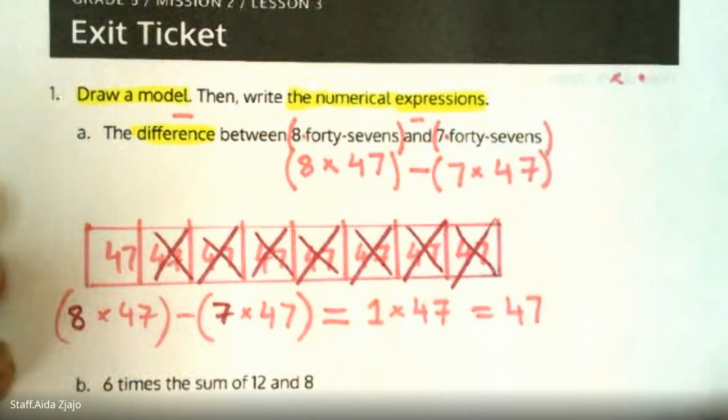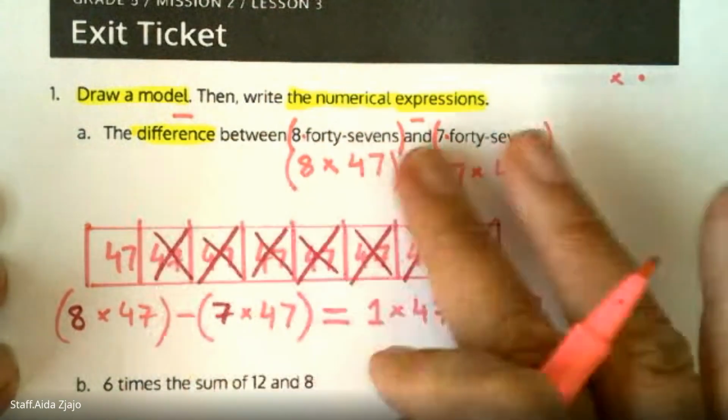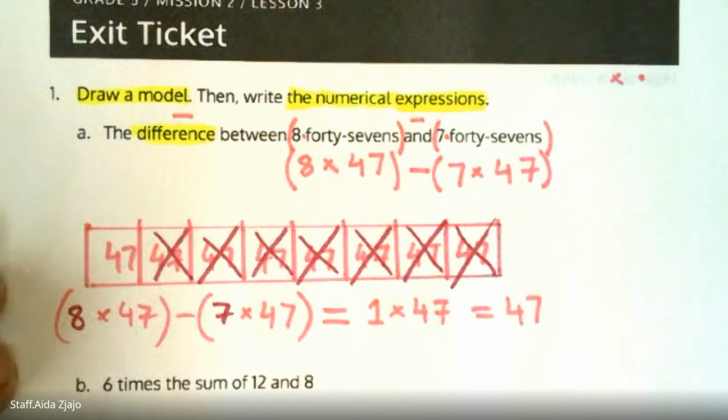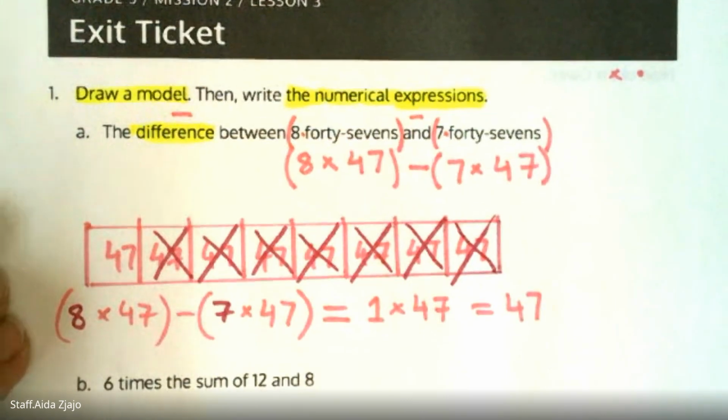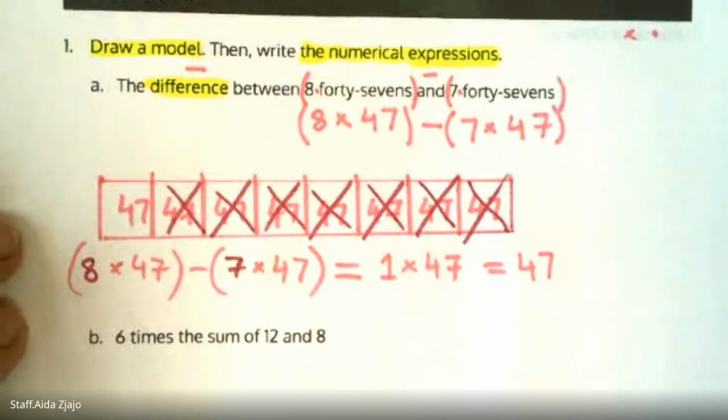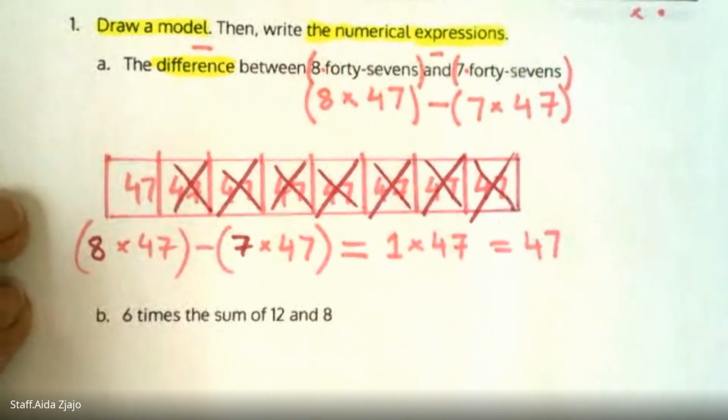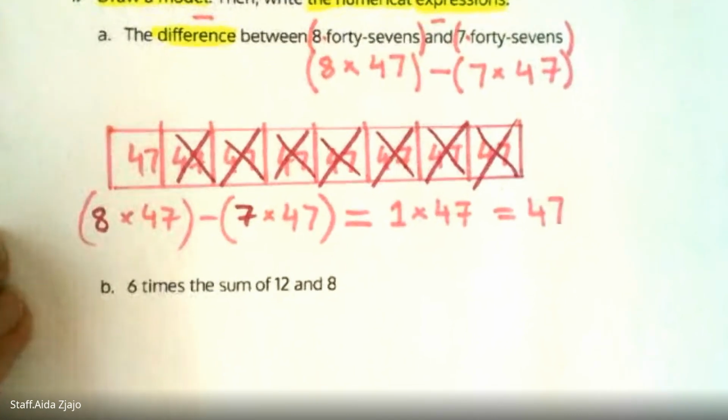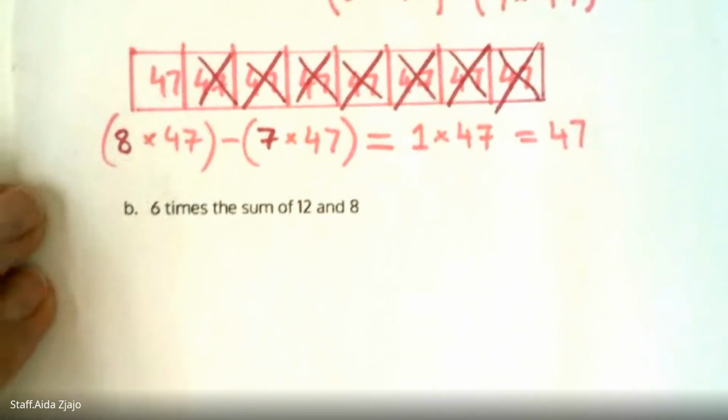And this is additional. You don't need it for the exit ticket, but it's good to know in case you need to show an expression and then find the equation, to answer the problem.